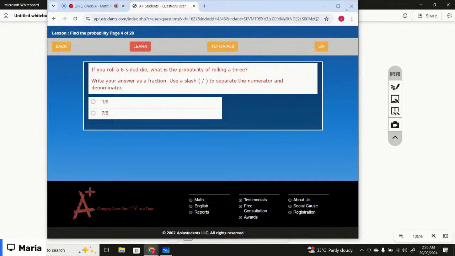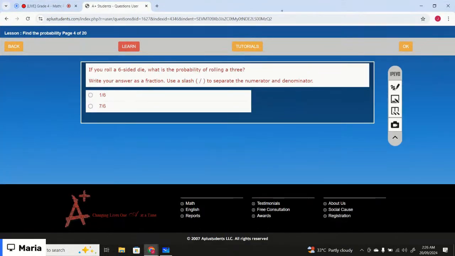If you roll a six-sided die, what is the probability of rolling a 3? That is again 1 by 6.